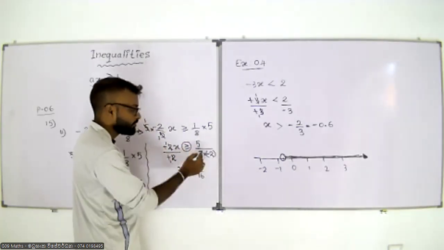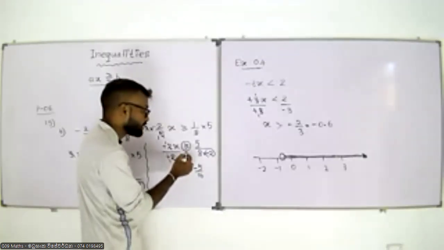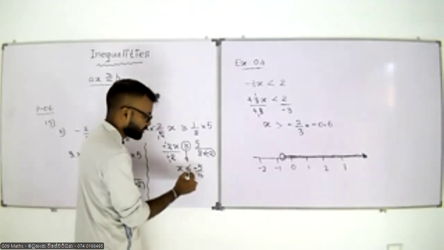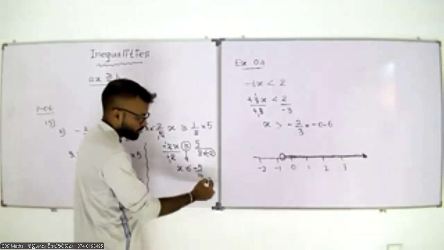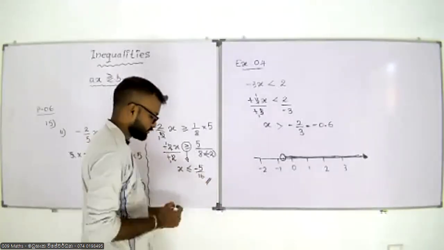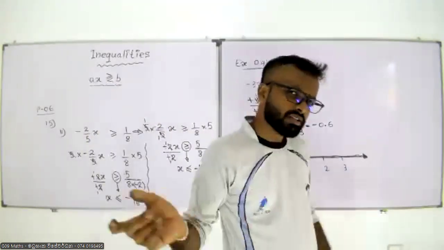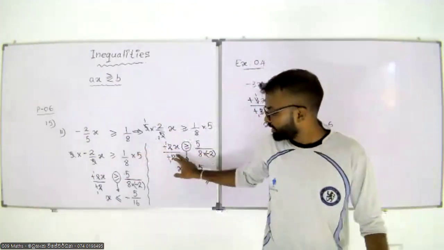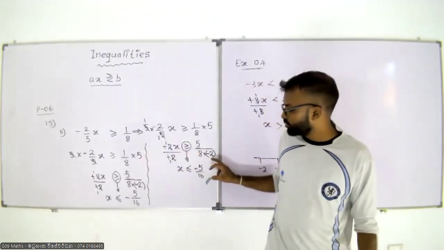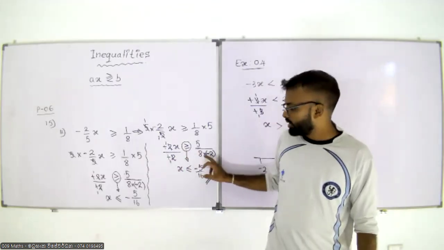Because I have divided both sides by a negative number, this inequality flips to less than or equal to. So this should be the final answer for the inequality. Dividing by negative 2 means you are going to take that negative 2 to the denominator.